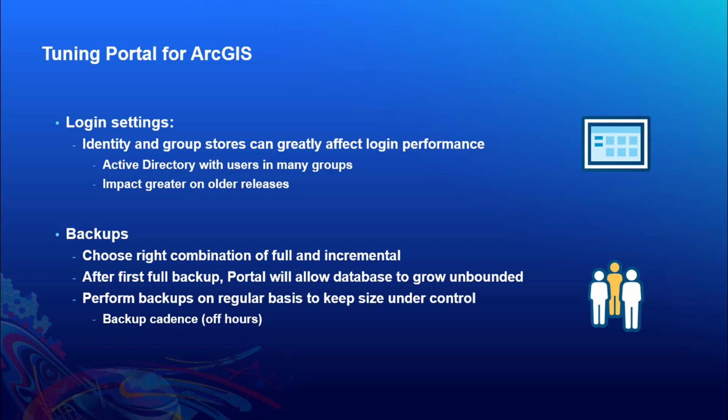Backups. I think that's probably one of the bigger things to keep in mind. A good starting point strategy for backups is the 1 to 6 model. One full backup to every 6 incremental backups. When you run your backups is also important. Running them off hours, not during peak business hours, as they can be resource intensive. Those are definitely good strategies.